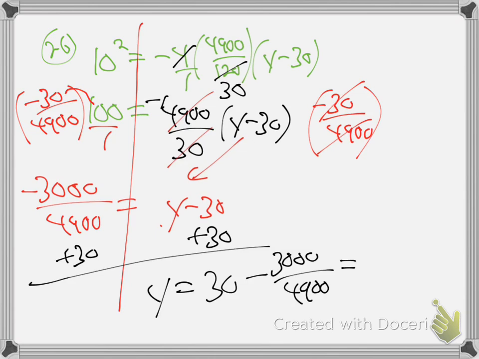Somebody get that answer? Probably want a decimal. Anybody remember my calculator? That's going to be like 29 point something. I got 23.8.